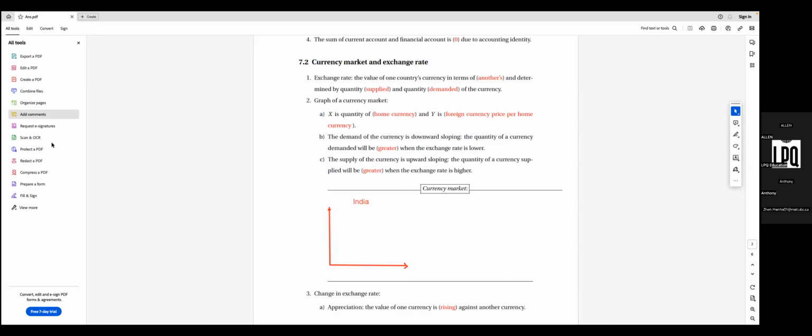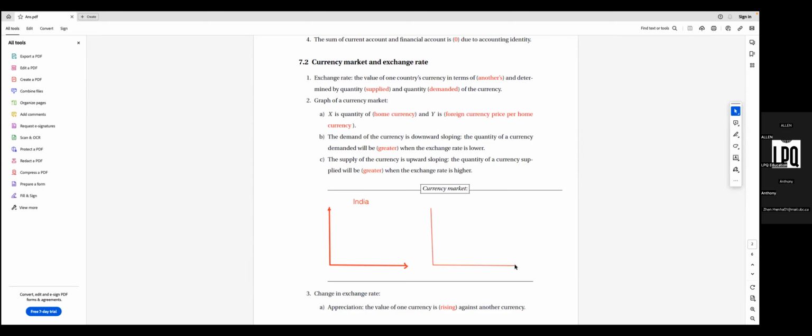The most important thing you need to understand is it's the same currency market. The specific currency market we are discussing now is the exchange market between India and the USA, right? This is the same market, but you have two different points of view.